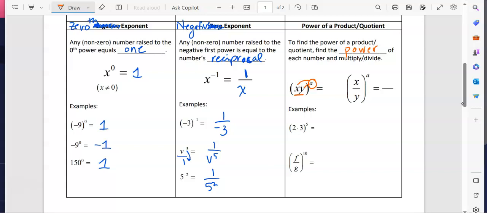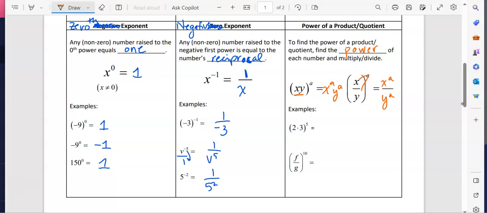So xy to the a is x to the a, y to the a. Again, these both had 1s as exponents, and a times 1 is a. That exact same thing happens if you're dividing or have a quotient, and I just take x to the a over y to the a.